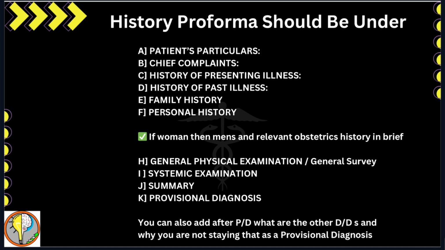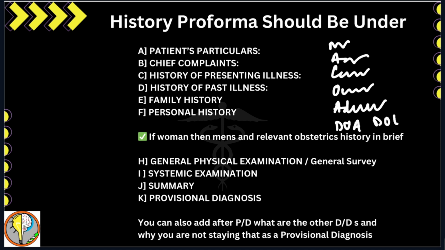The first heading should be patient particulars, and under patient particulars we'll write the patient name, age, gender, socioeconomic status, that is occupation, address, and then date of admission, date of examination, bed number. All of these should be mentioned here.